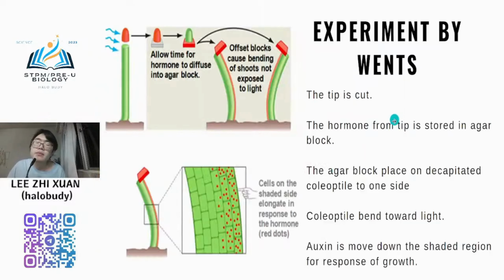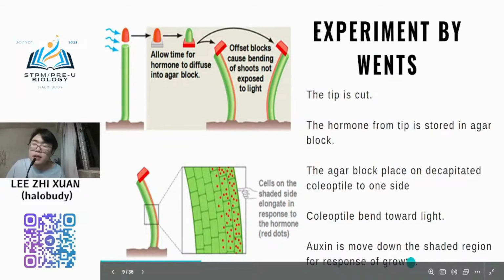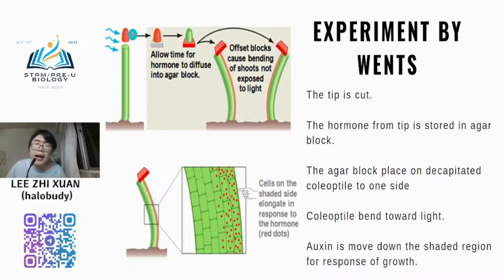Okay. Another experiment is by Went. In this experiment, they totally cut down the tips of the plant and then transfer the auxin to the agar, to the jelly. And then later they transfer this jelly, already high in concentration of auxin, back to the plant again.